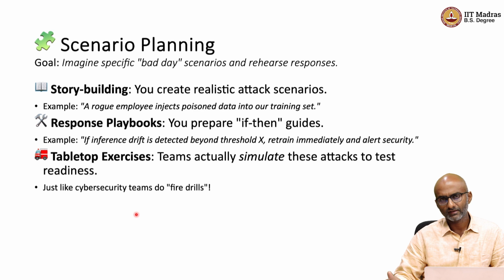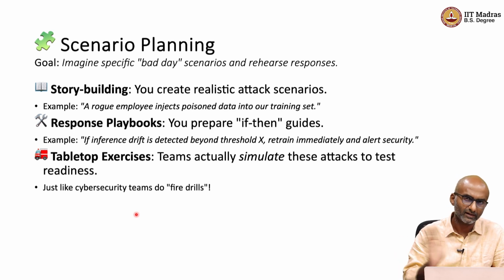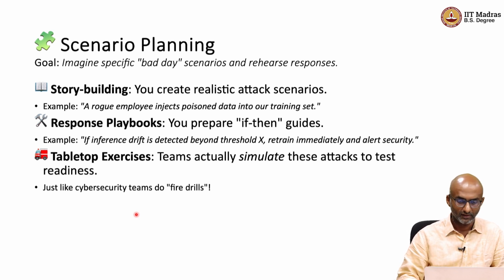So if inference drift is detected that's beyond a certain threshold, then trigger a retraining of the model, or at least set up an alert so that somebody is aware that this is happening. And then you go through those exercises to simulate what could be the responses. And that act of simulation makes you go through all the nitty-gritty details of what needs to happen to mitigate the impact such scenarios can cause on your organization.